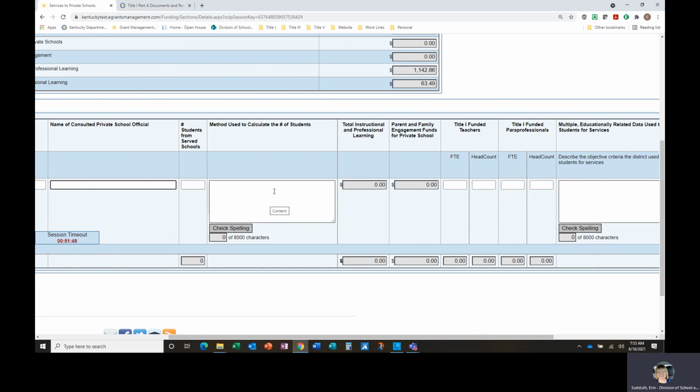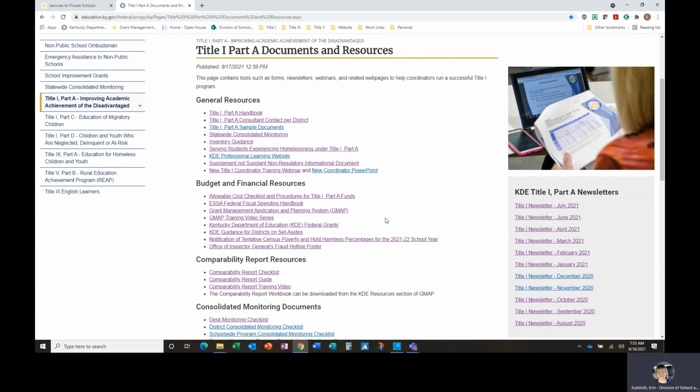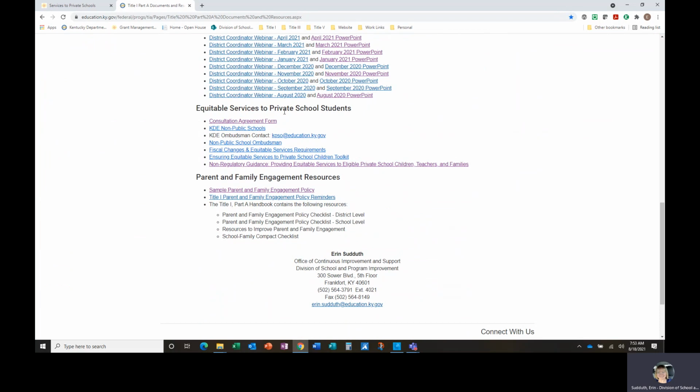Pages 11 through 13 of the Title I Services to Eligible Private School Children Non-Regulatory Guidance from the U.S. Department of Education provides examples of other methods to collect poverty data for private school children. And this guidance document is located on our Title I Part A Documents and Resources pages under the Equitable Services to Private School Students section.